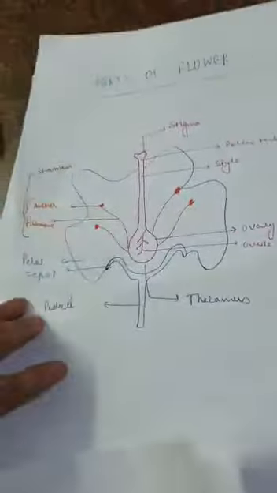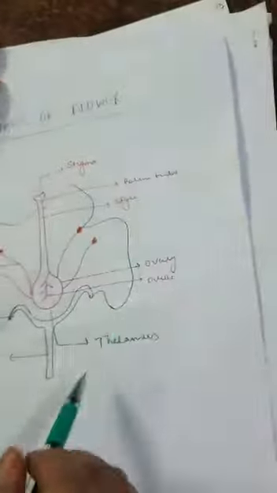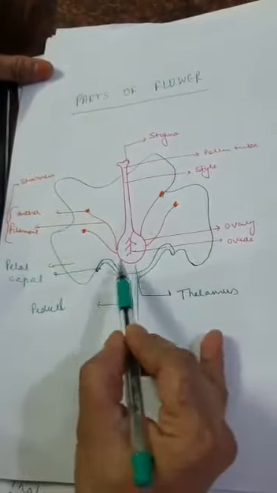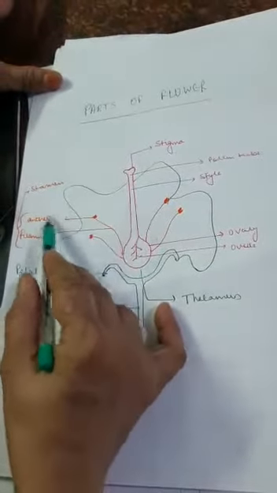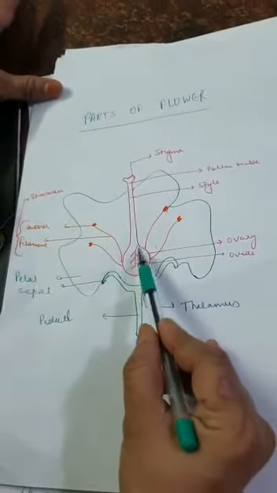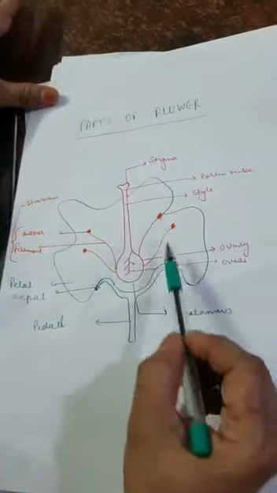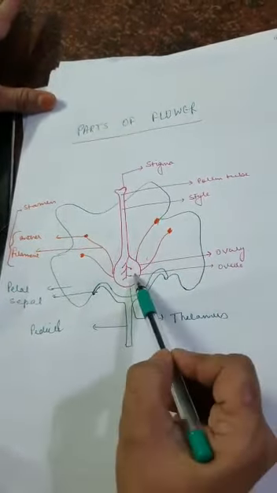Let's have a glance at different parts of the flower. This is the sketch of a flower. Thalamus, on which every part of the flower lies. This is the female reproductive part: stigma, ovary, ovule, style.